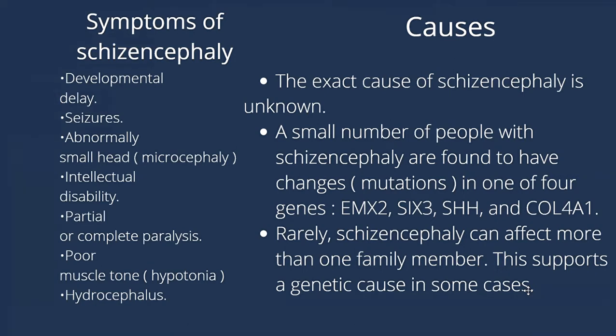The exact cause of schizencephaly is unknown. A small number of people with schizencephaly are found to have mutations in, for example, EMX2 and others. Rarely, schizencephaly can affect more than one family member, and this supports a genetic cause in some cases.